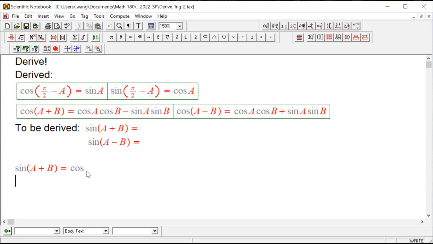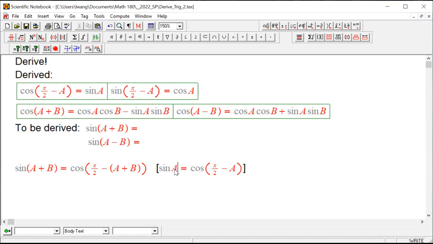So we write cosine of pi over 2 minus a plus b. Basically we apply this formula. You can put it in a different order if you wish, which helps you see better.